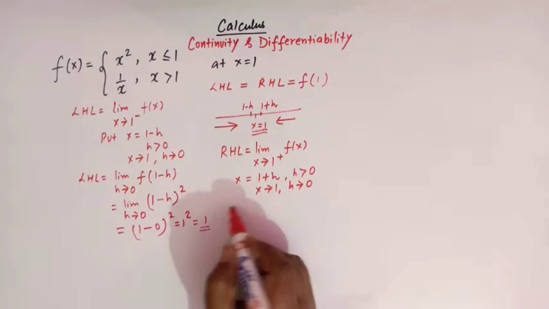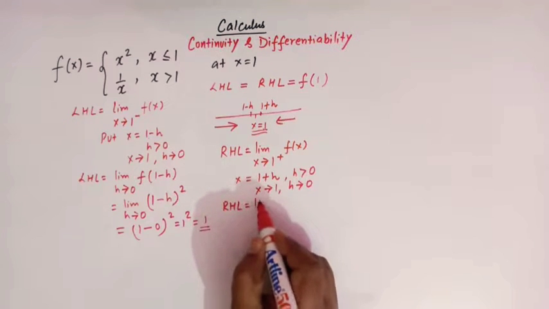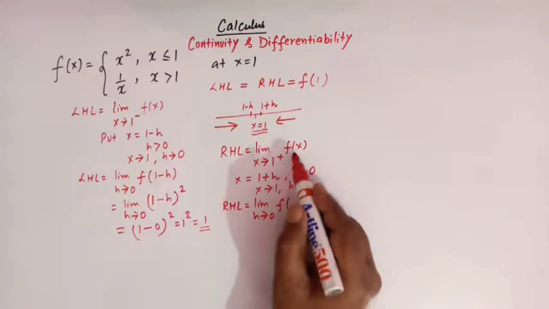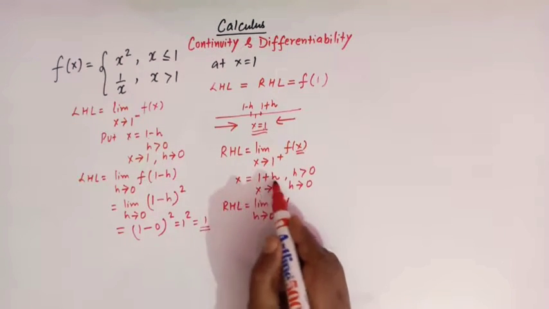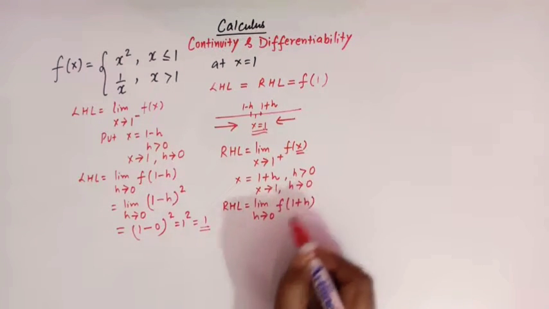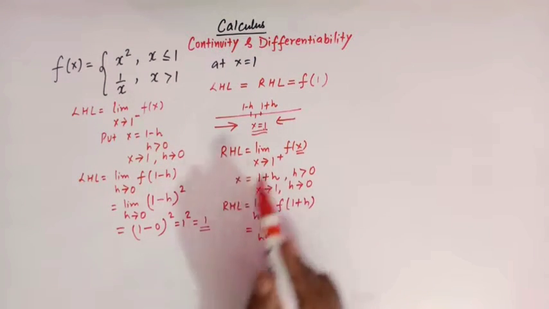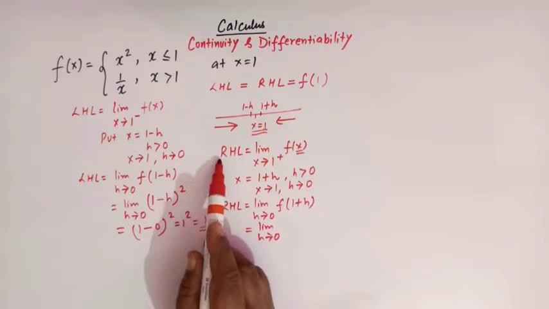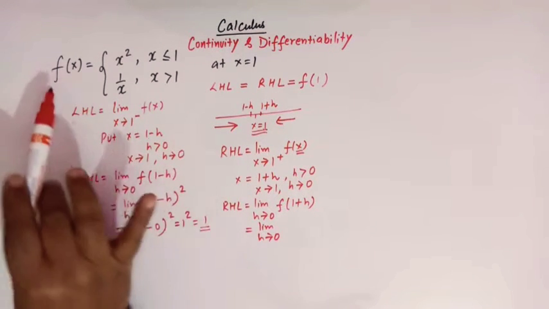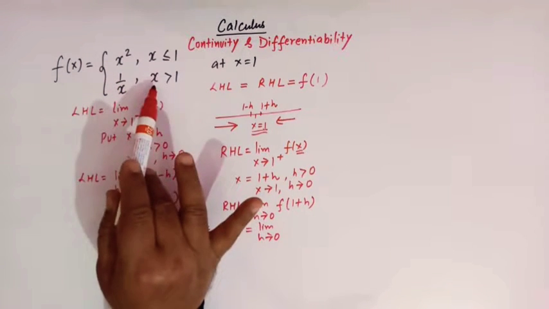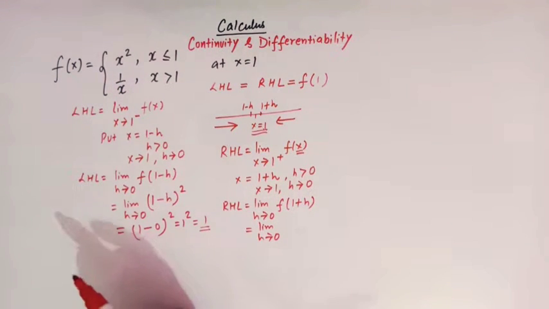Now the right hand limit can be written as limit h tends to 0 of f of 1 plus h. When we calculate the right hand limit, the function f of x is defined as 1 over x, because x is greater than 1.